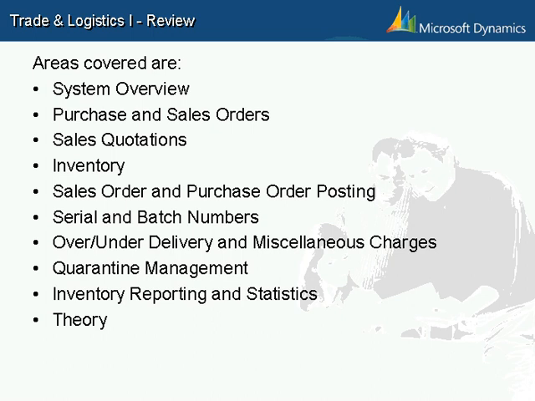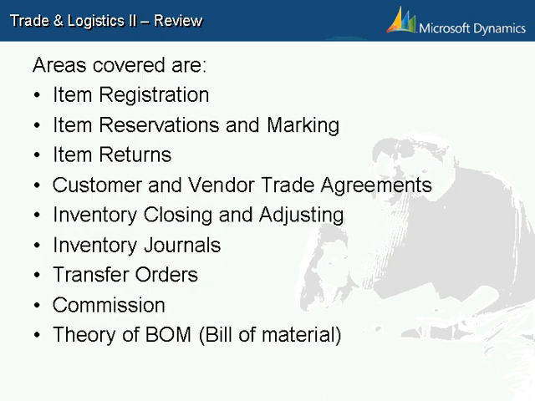Now let's review trade and logistics 1. We covered those areas: system overview, purchase and sales orders, sales quotation, inventory, sales order and purchase order posting, serial and batch numbers, over, under delivery and miscellaneous charges, quarantine management, inventory reporting and statistics.